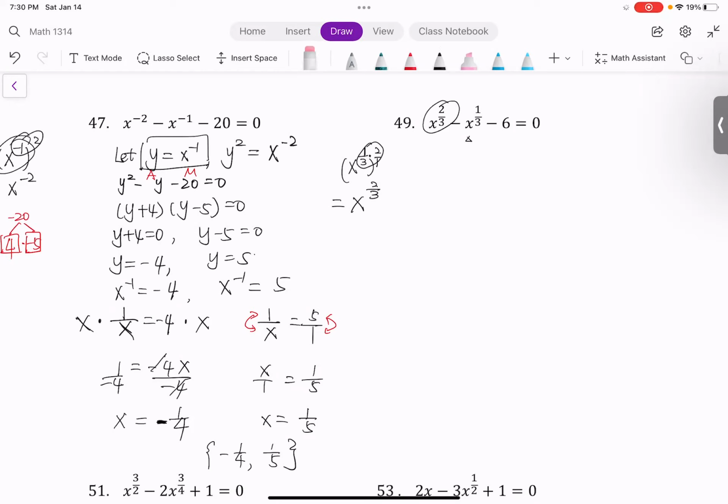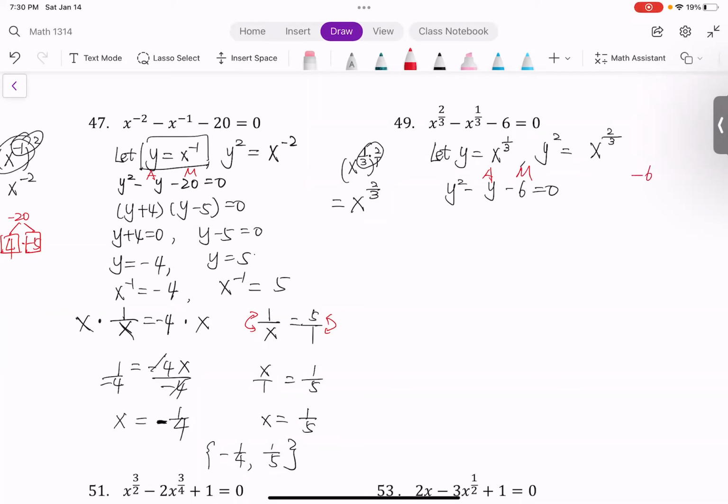That means I must use substitution method. You can say let y equals the middle variable, x to the 1/3. So y squared equals x to the 2/3. Then we rewrite the equation. We have the y squared minus y minus 6 equals 0. We can use A and M method because leading coefficient is 1.